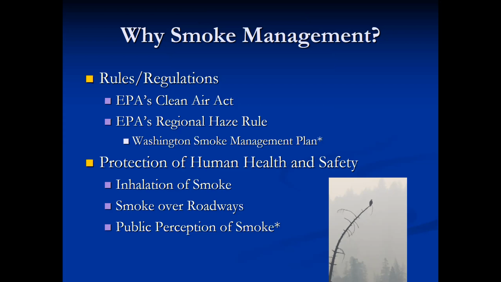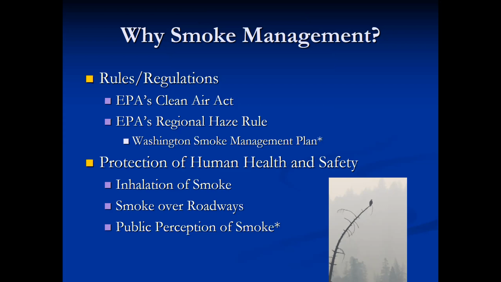Part of the rules and regulations that we have set up inside that smoke management plan are set up to meet the Clean Air Act regulations from EPA along with the State Clean Air Act. We also have what's called the Regional Haze Rule, which is basically how far you can see in an air shed.